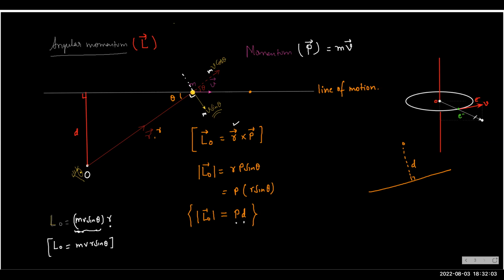Now tell me guys, what is the angle between the r vector and the momentum vector? Can you see the angle? What is this angle? 90 degrees, because that's a property of a circle. In any circle, the tangent is always perpendicular to the radius.